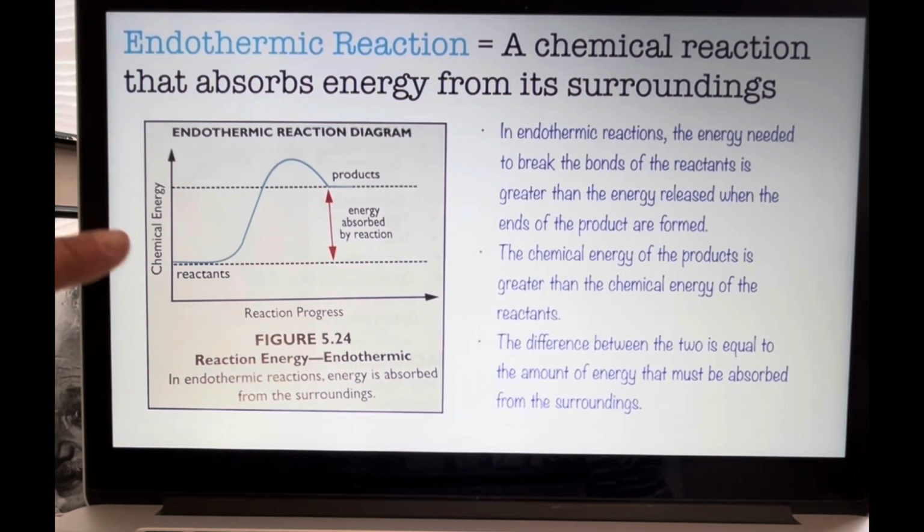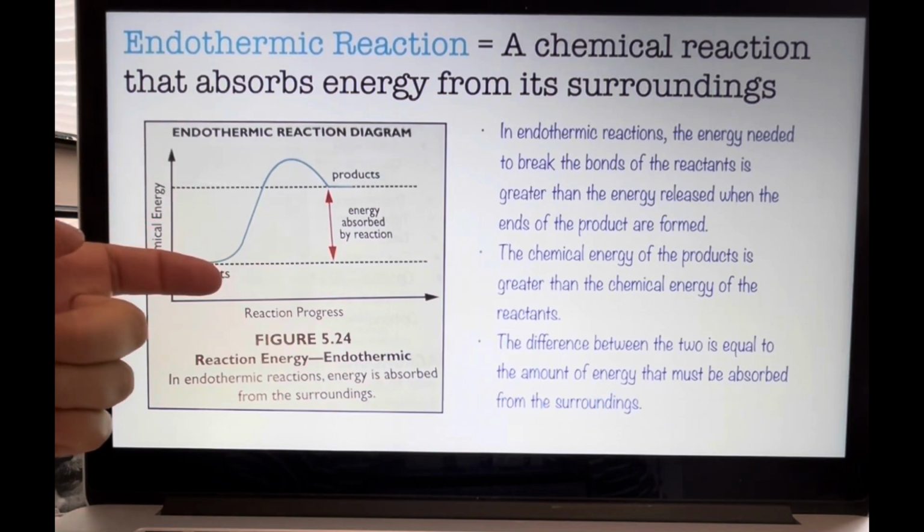All right, so look at figure 5.24. This figure shows the energy graph for an endothermic reaction. So notice the difference. In the endothermic reaction, the reactants have a lower chemical energy than the products.